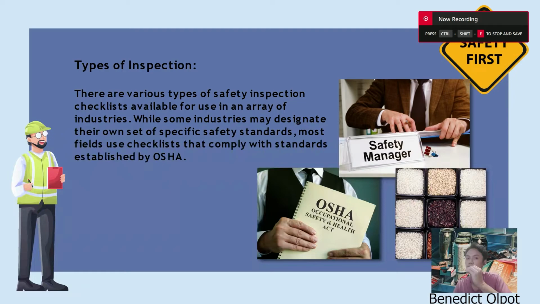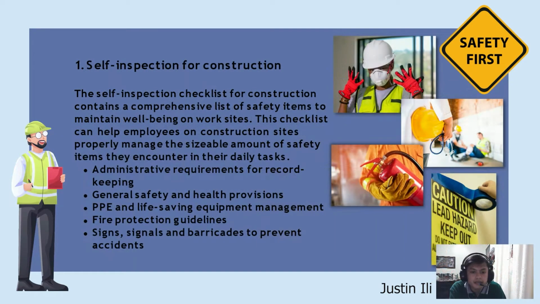I-discuss natin ngayon yung types of inspection. Self-inspection for construction. The self-inspection checklist for construction contains a comprehensive list of safety items to maintain well-being on your site. Unang-una na dito is yung PPE.